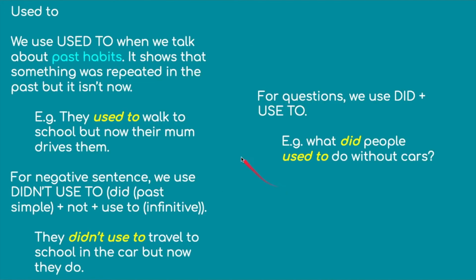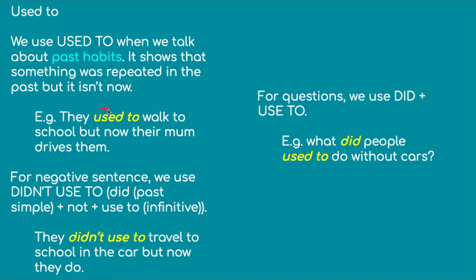And this is what we started to learn at the end of the lesson, the verb used to. We use used to when we talk about past habits. It shows that something was repeated in the past, but now it isn't.